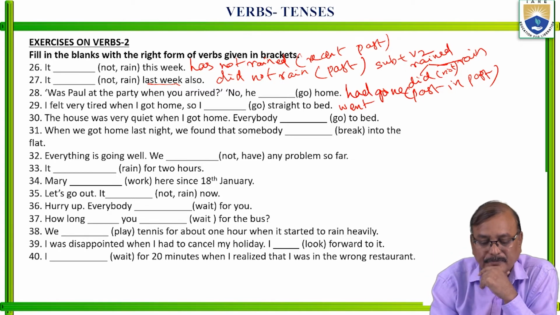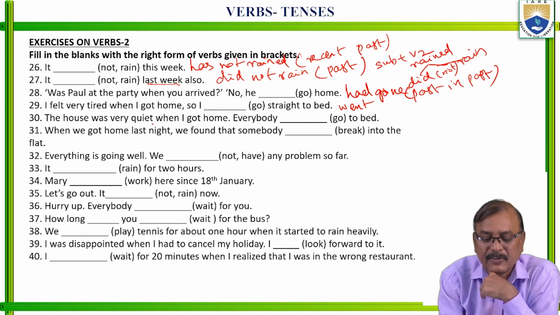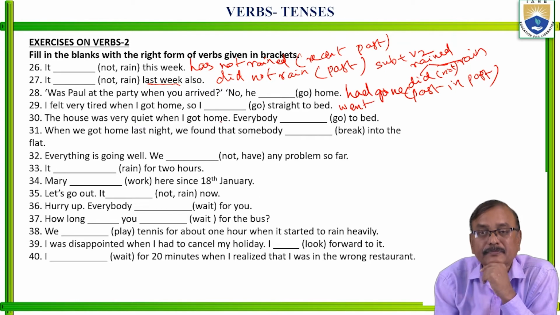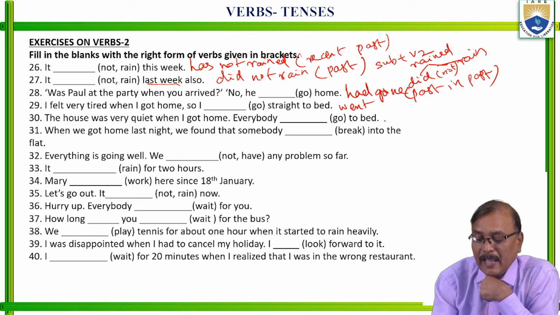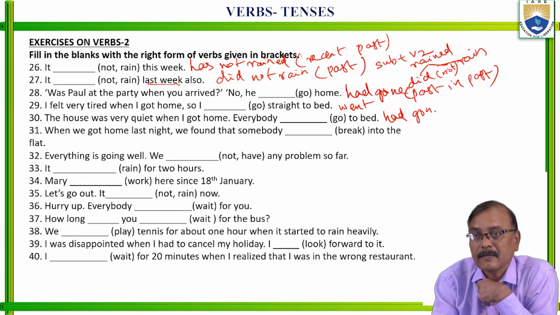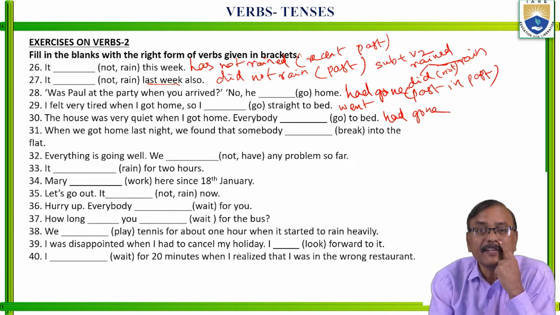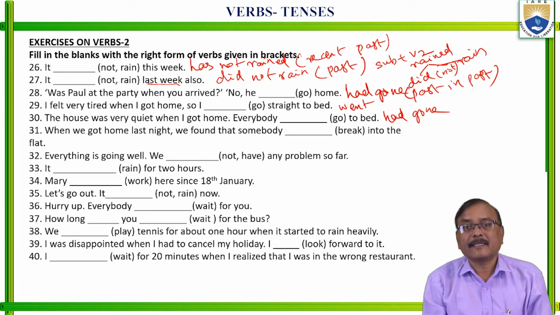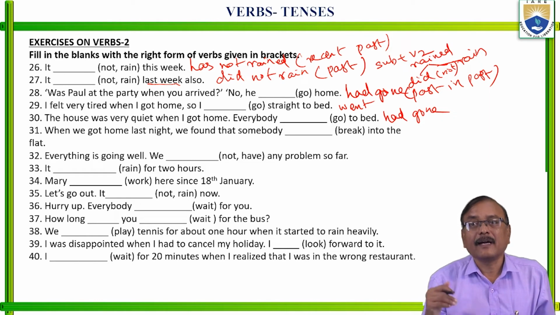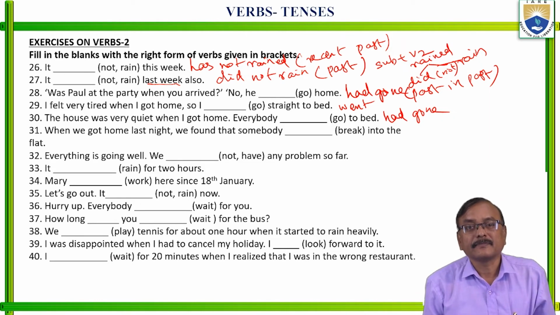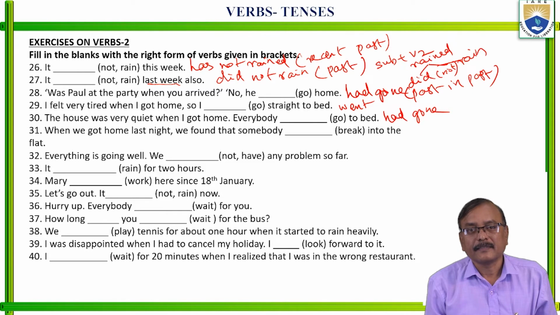Next. The house was very quiet when I got home. Why was it very quiet when I got home? Everybody had gone to bed. Because by that time, before I reached home only, they had gone to bed. Is it clear?